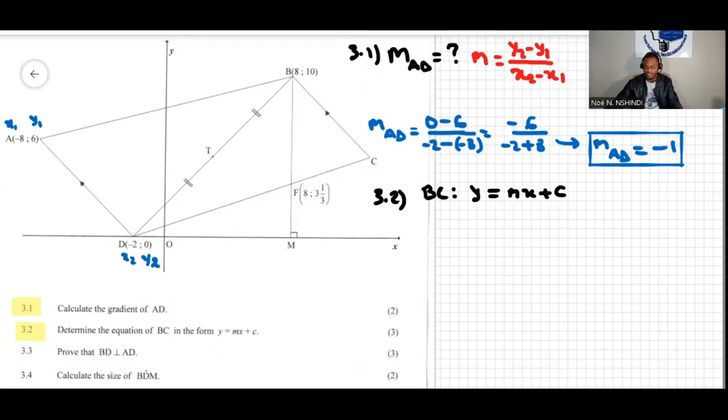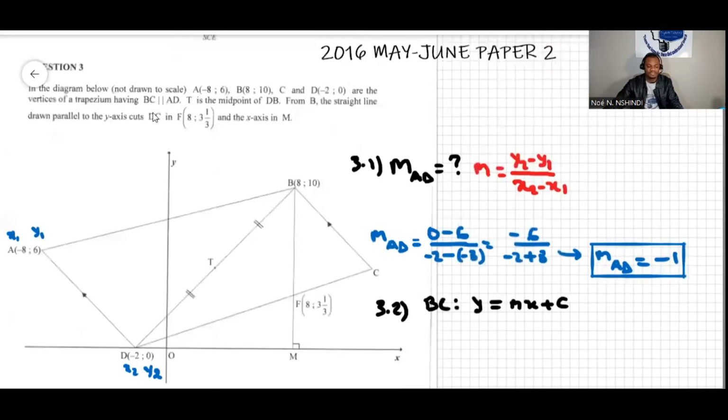Well, when we look at this diagram here, it is a trapezium. We can see that the arrow symbols over here and there indicate that the two lines are parallel. It is also said in the question, BC is parallel to AD. Why am I saying that? Because if you have parallel lines, the condition for parallel lines is that they have the same gradients.